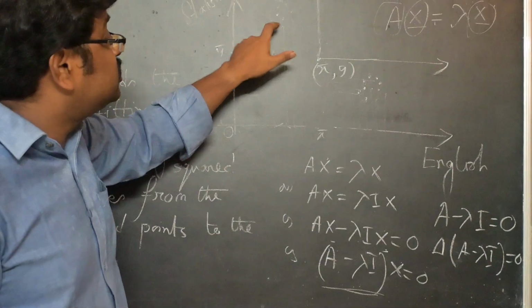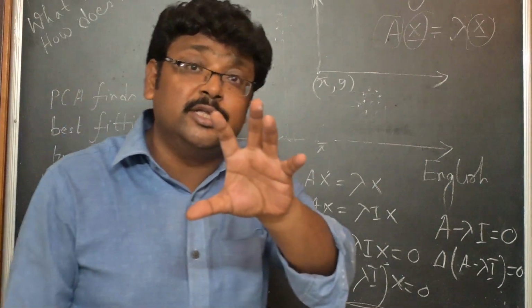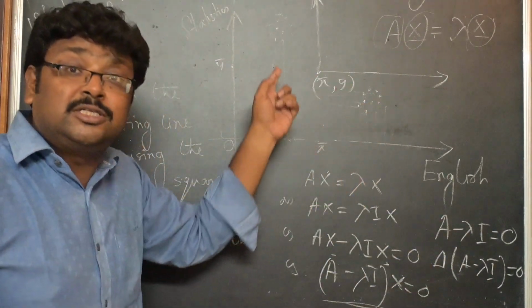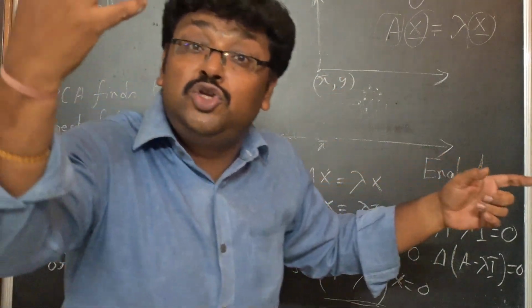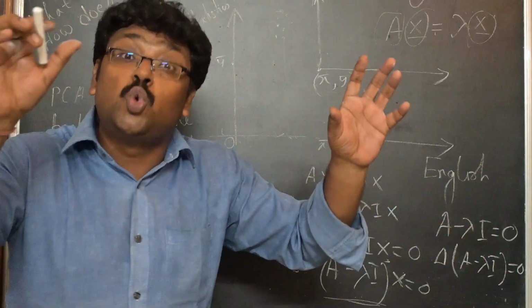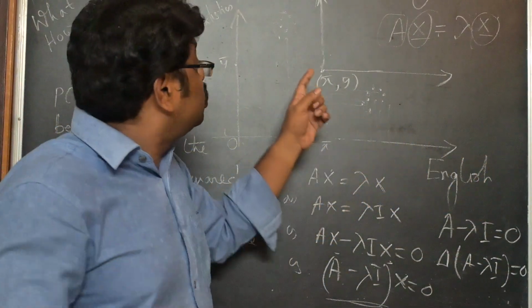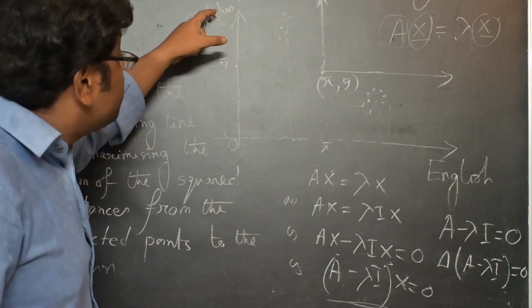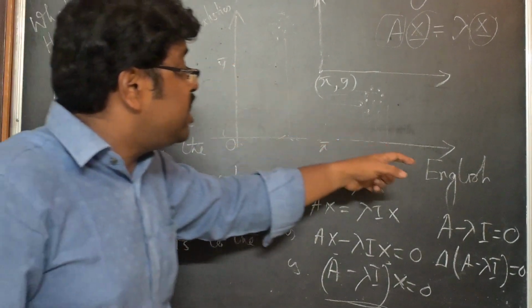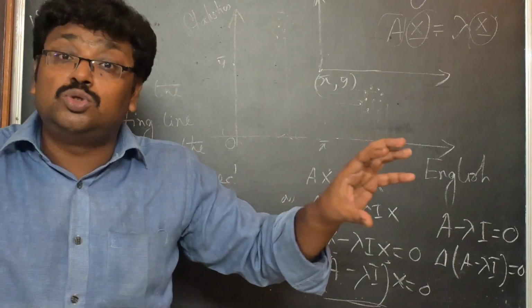These are the values, 20 points. So 20 samples, 20 individuals, 20 students are there. These 20 students' marks in statistics and English are the values.